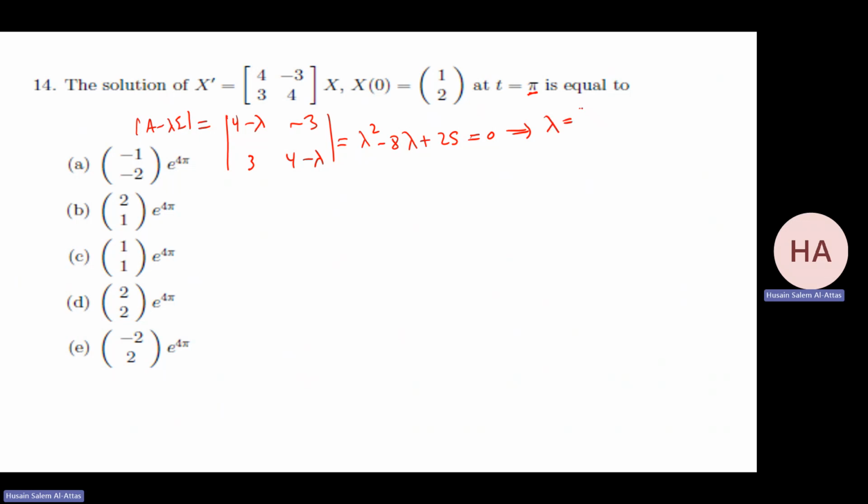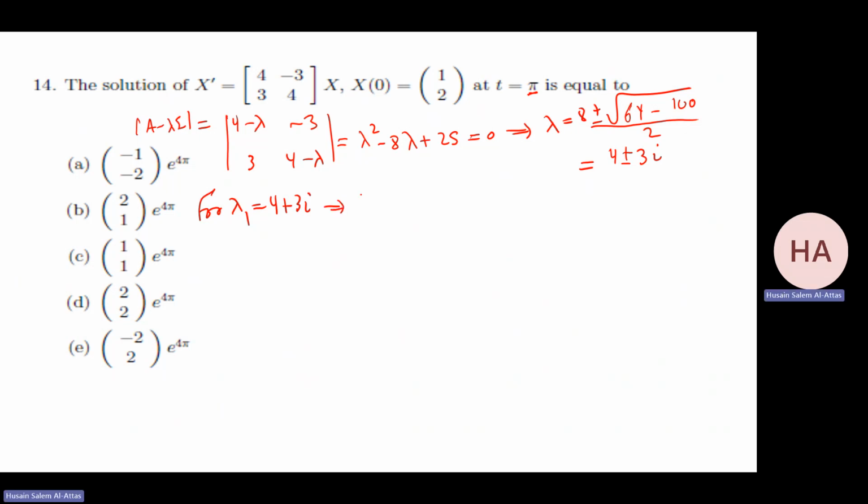So lambda will be what? 8 plus or minus square root of b squared, which is 64, minus 4 times 25, which is 100, over 2. That gives me what? Yeah, this is 6i, so I have 4 plus or minus 3i. So now I work out just the positive one.